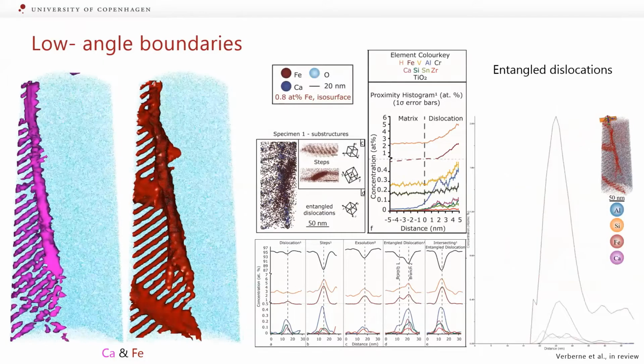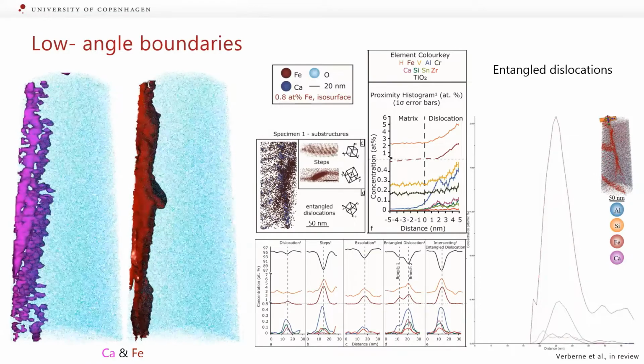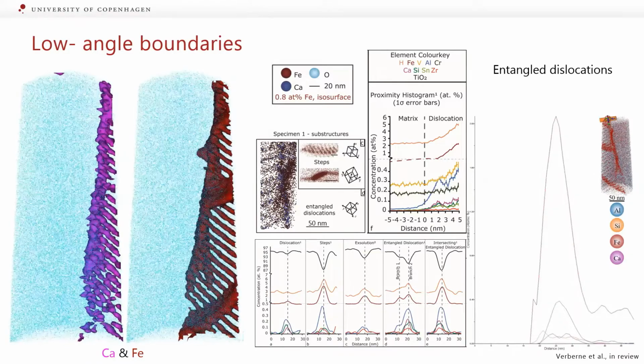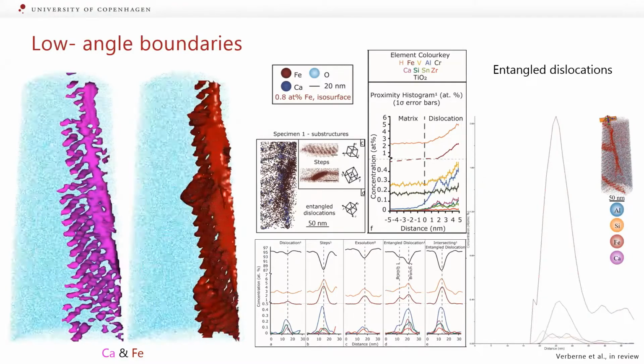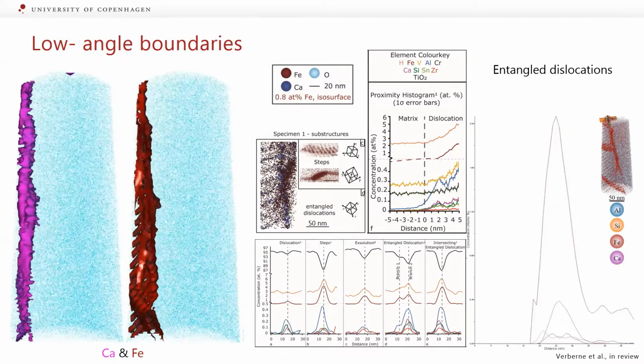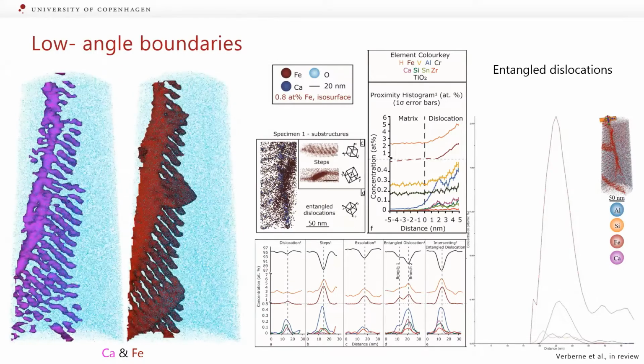And when measuring that, you get these kinds of profiles. These are highly complex systems, but what you can do with Atom Probe is start picking those individual parts apart. We can see that calcium and iron are partially co-located, partially not.